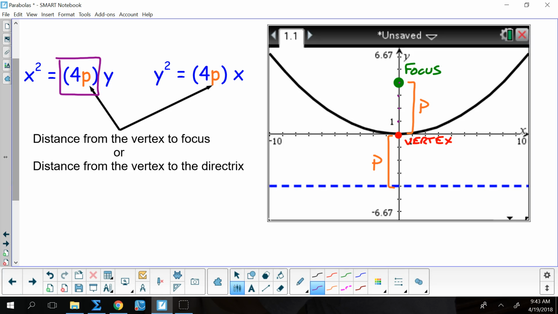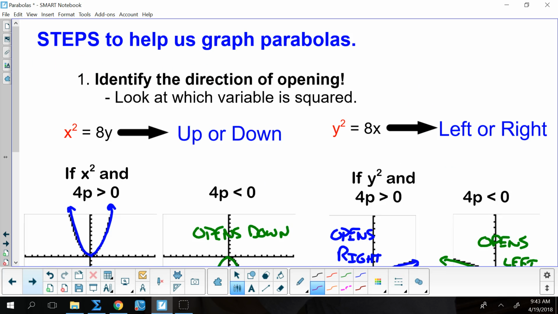So, when you're dealing with parabolas, the first thing that you have to determine is which way your parabola is going to open. Back in Algebra 1 and Algebra 2, we looked at the number in front of the squared term. If it was positive, it opens up. If it was negative, it opens down. We called it that A value. Well, now we can't just do that because we have 2 other kinds of parabolas.